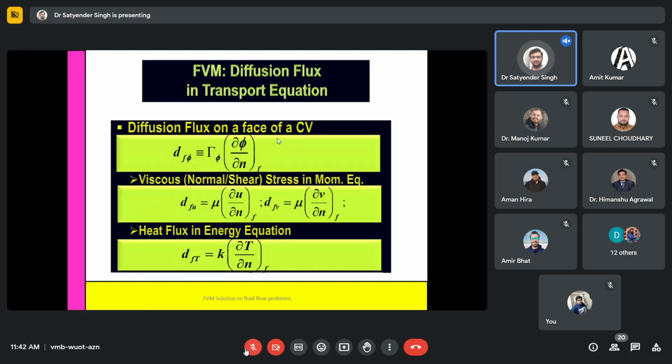So in the discretization of diffusion, a two-level approach is considered, and again these forces will be balanced, like in the x direction.